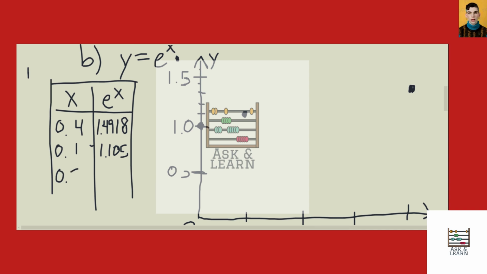For 0.2, we have that e to the 0.2 is approximately equal to 1.221, so a little over 1.2.